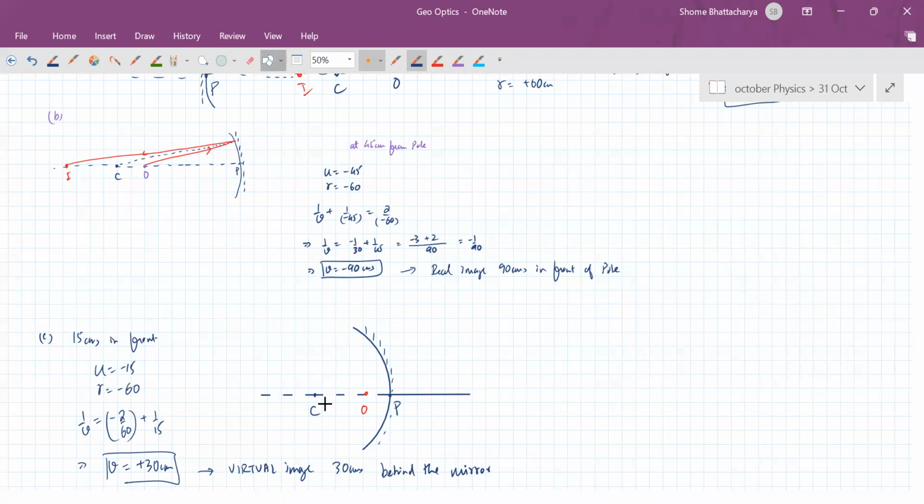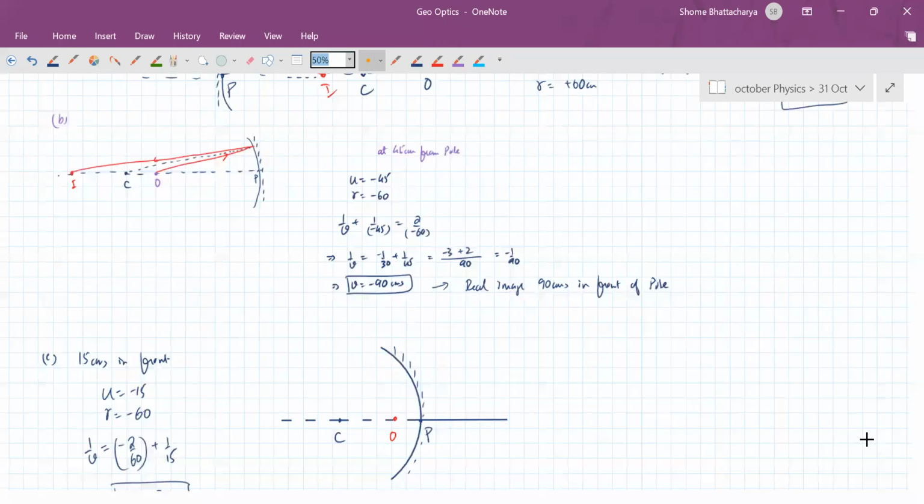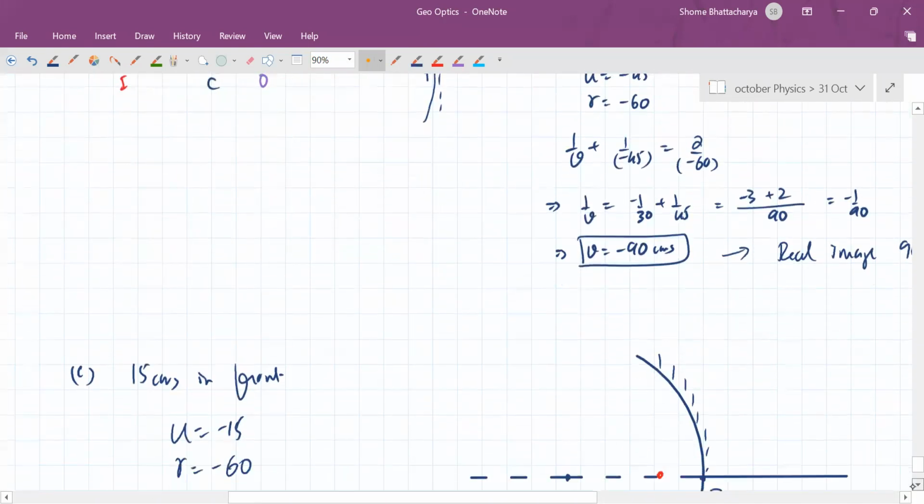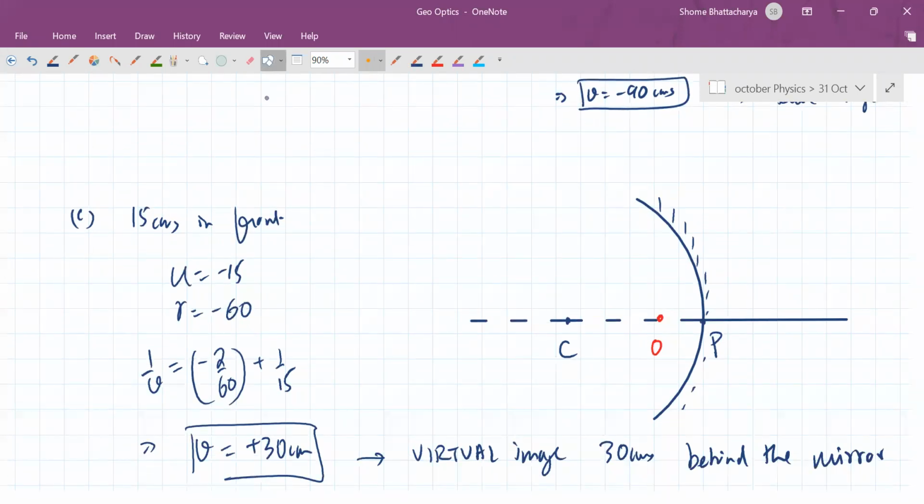Okay, so such an incident ray after reflection will become divergent.